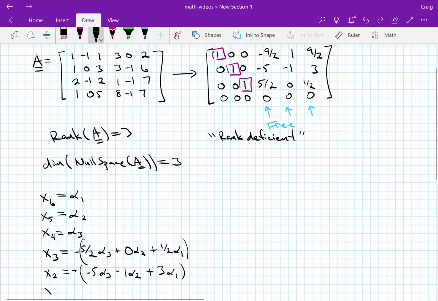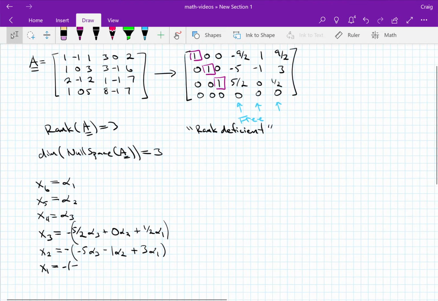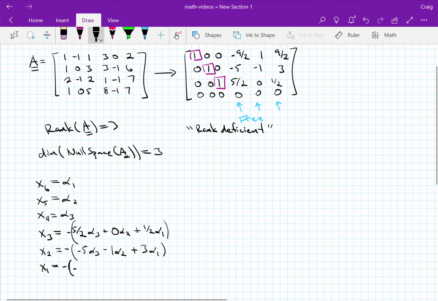And then my first equation tells me that x1 has to be equal to negative 9/2 alpha 3 plus 1 times alpha 2 plus 9/2 times alpha 1.